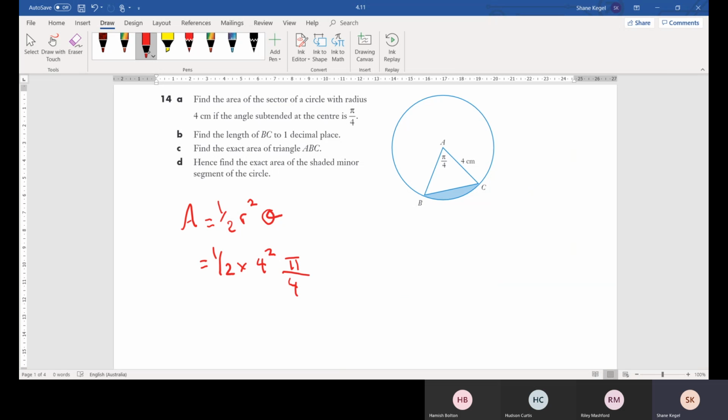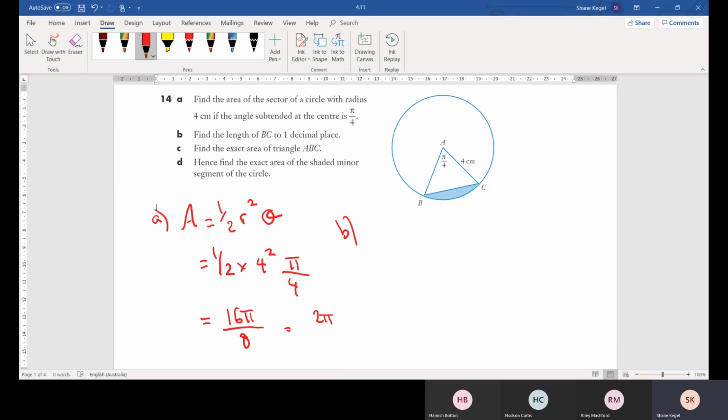The question doesn't ask if it wants an exact value either, so we can assume that we can just safely do a decimal. 4 squared is 16, pi on 2 times 4 is 8, so that would simplify it down to 2 pi, which we can leave as 2 pi. That's our radian measurement. So that's part A.